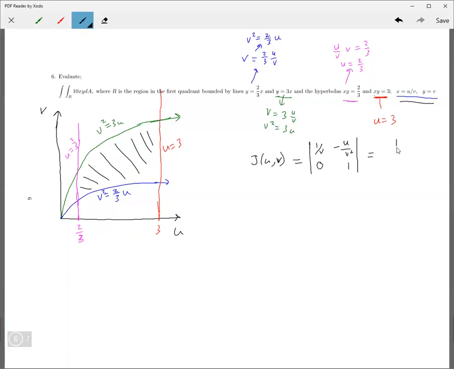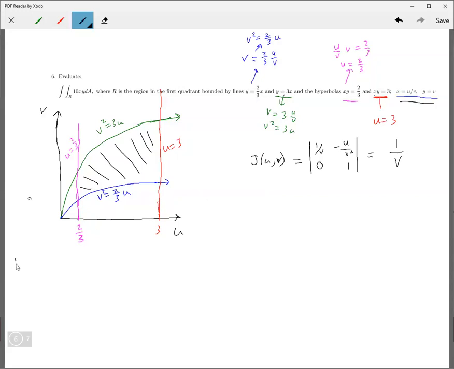So that's 1 over v. Now, in this region, v is always positive, so the absolute value is also that. So we just need the 1 over v for the Jacobian.